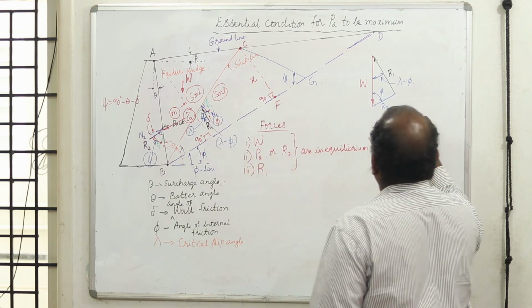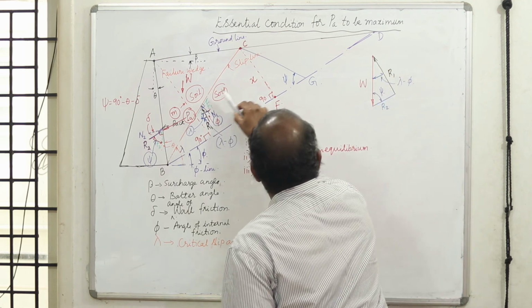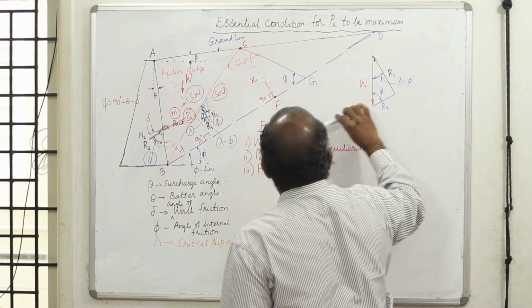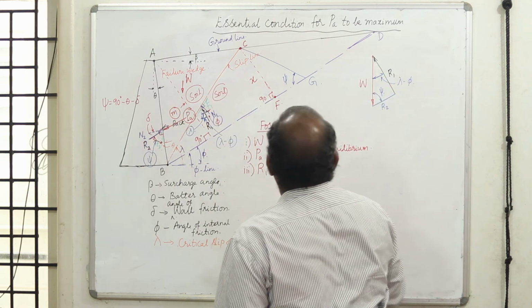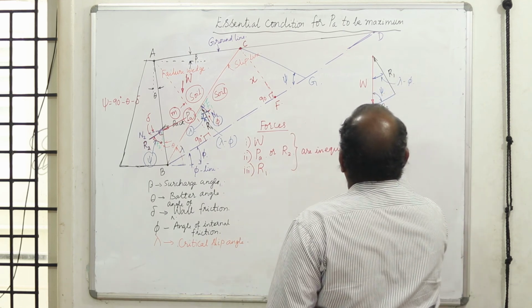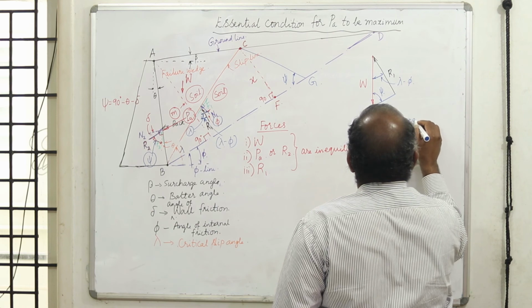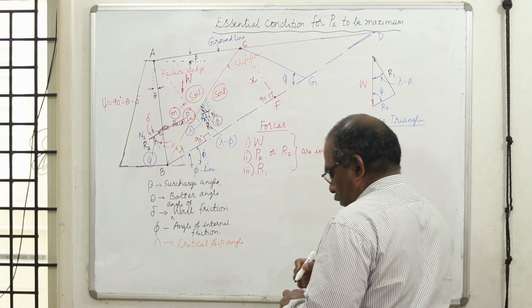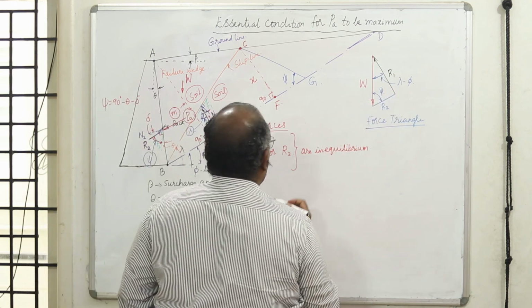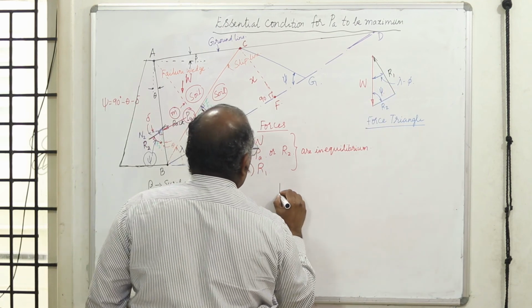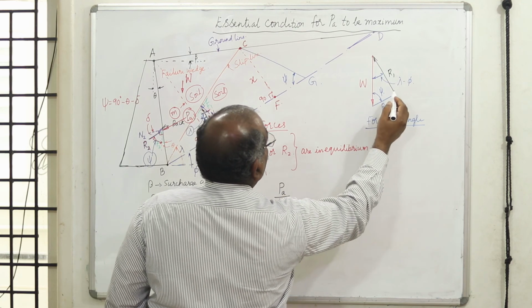Now, once we have that, the reaction R1 is drawn parallel to the reaction here, R2 is parallel to this reaction, and W is parallel to W. Therefore, this is a force triangle. Using this force triangle, how we got these angles is very clear. Now I can form PA by W, I can take the ratio.